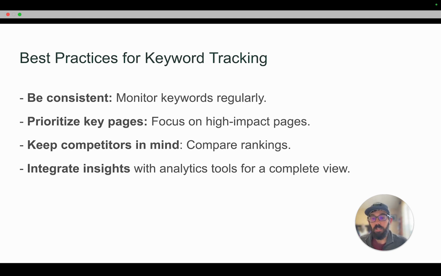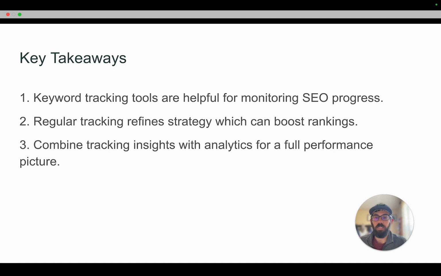And then integrate your keyword ranking insights with other analytics tools, like Google Analytics. Track your traffic, track your conversions. The more that you can tie all of that together, the better view and understanding you're going to have of how your organic campaign is going. Key takeaways: keyword tracking tools are helpful for monitoring SEO progress.